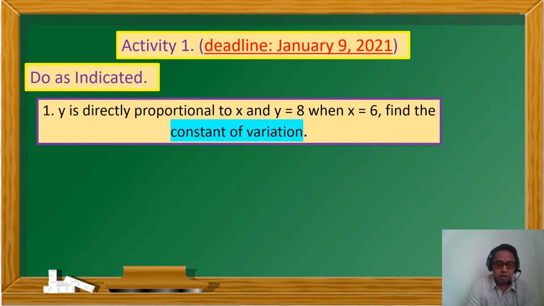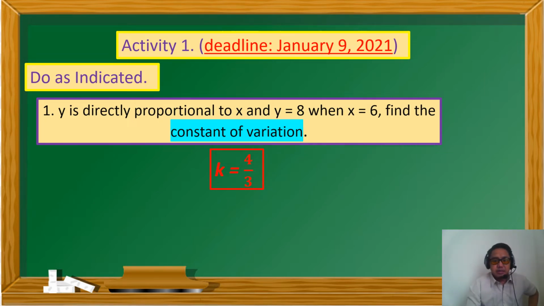But before getting the value of k, you must write y is directly proportional to x in mathematical sentence in variation form. So, y is directly proportional to x, that will be k is equal to y over x. So, 8 over 6, that's 4 over 3.